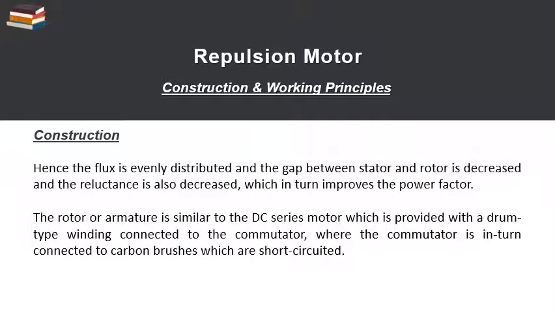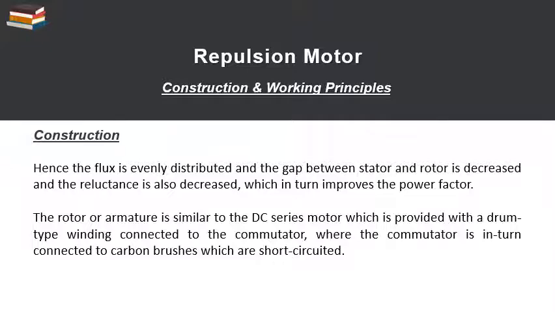Hence, the flux is evenly distributed, the gap between the stator and rotor is decreased, and the reluctance is also decreased, because the reluctance is directly proportional to the length of the gap between stator and rotor, which in turn improves the power factor.